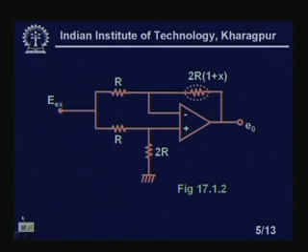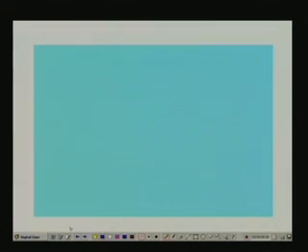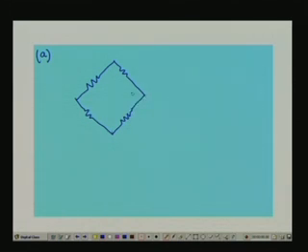See the solution of problem A. We have the bridge, which looks like this. We have the excitation to the bridge, and we are taking the output voltage.